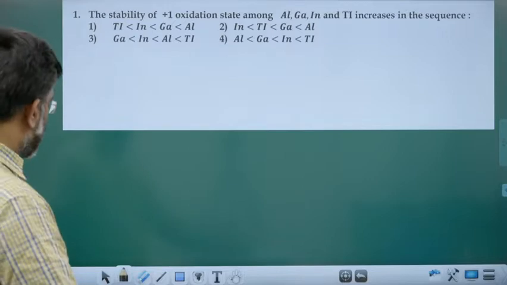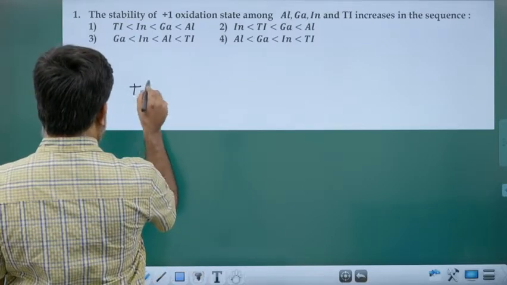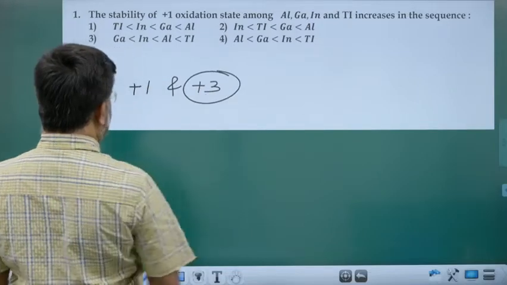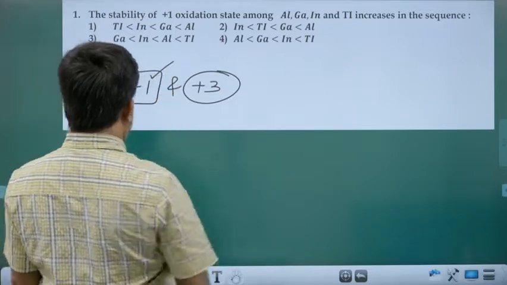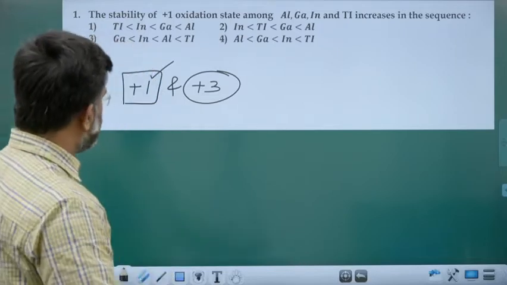For group 13, all of you know there are two important oxidation states, that is +1 and +3. +3 is the group oxidation state. As you come down, +1 state will be predominantly increasing due to inert pair effect. So what is the answer?